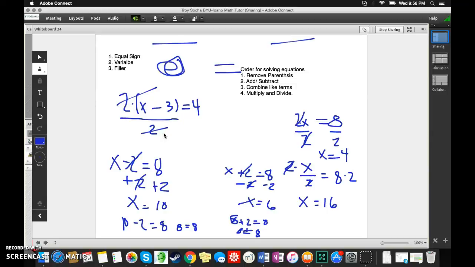By doing the inverse process, we get just x minus 3. And then if you remember, whatever we do to one side, we have to do to the other. So we're going to divide this side by 2. So we get x minus 3 equals 2. Now we're going to add 3 because it's the inverse process. So these cancel out, and we get x, oops, that one doesn't cancel out.